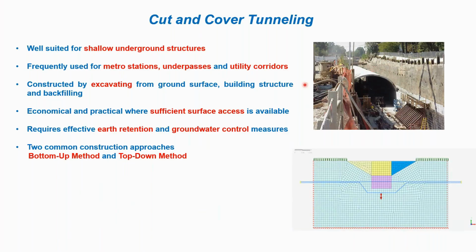Because construction starts from the surface, this method is generally economical and practical when sufficient working space is available. These types of tunnels are most commonly used for metro stations, underpasses, pedestrian passages, utility corridors, and shallow transportation tunnels.